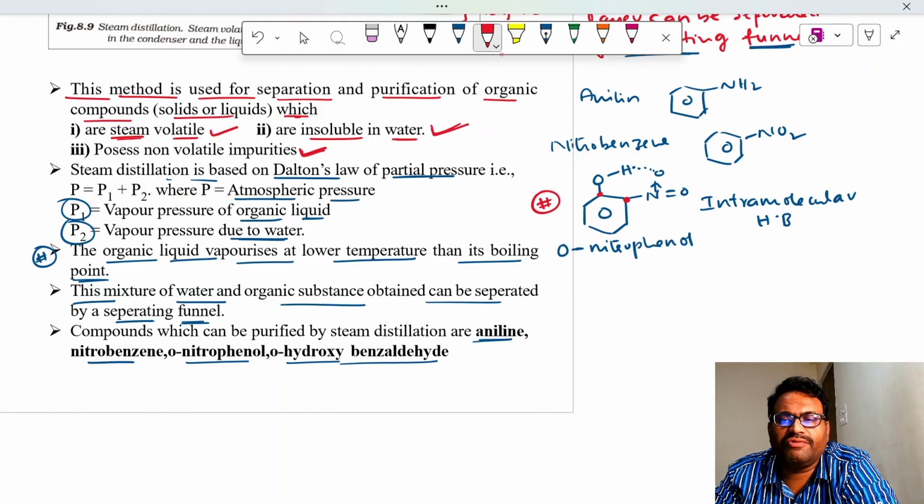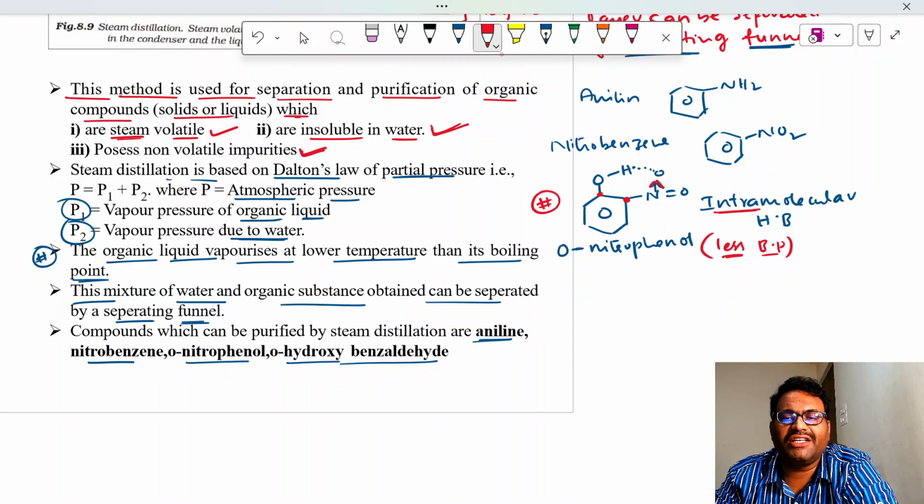At the ortho position we have a nitro group, NO2, and benzene with OH is called phenol, so orthonitrophenol. Intramolecular means that in the same molecule, between different atoms, we have hydrogen bonding, represented in the form of dots. Due to this intramolecular hydrogen bonding, orthonitrophenol has a lower boiling point, and due to this lower boiling point, orthonitrophenol is found to be steam volatile.